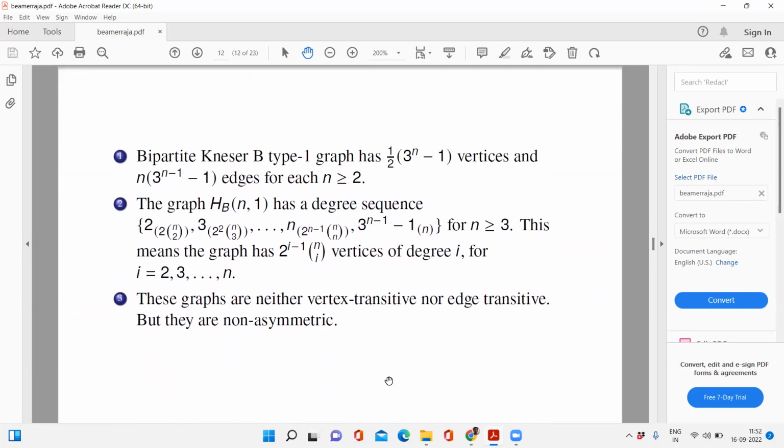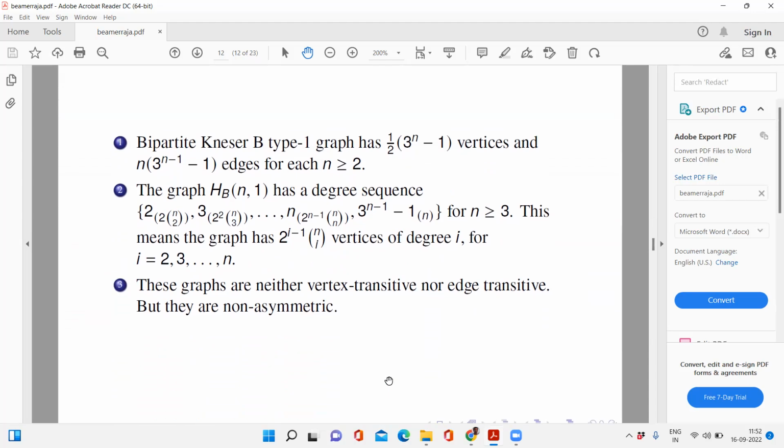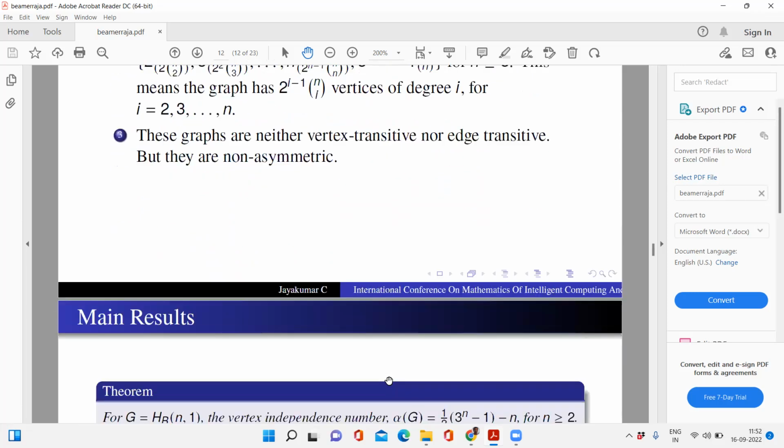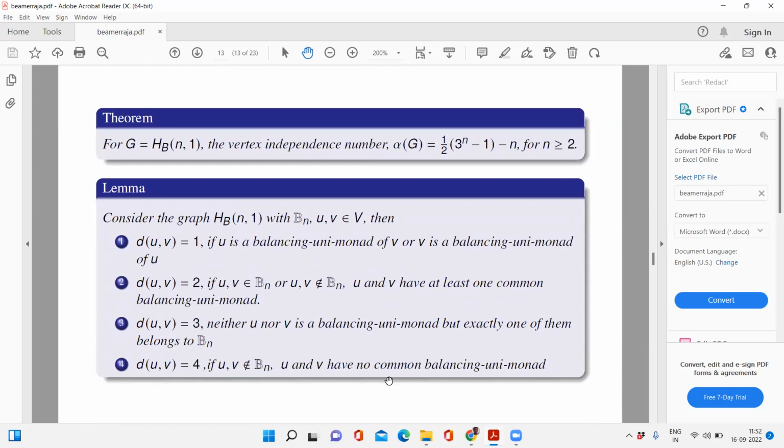And algebraic properties of these graphs are being studied simultaneously in another paper, like vertex transitivity, edge transitivity, and the non-asymmetric properties. These are the main results. We calculated the vertex independence number, and also we calculated the distances. The four distances are there, distance 1, 2, 3, and 4.